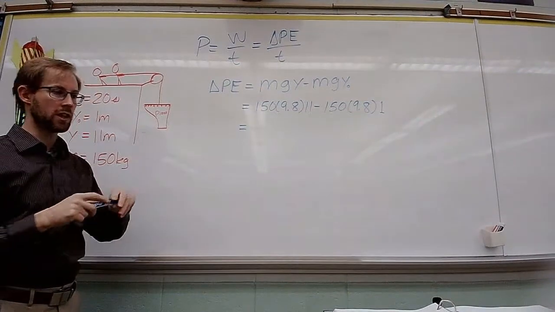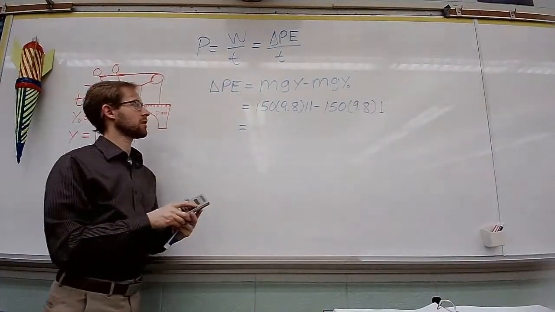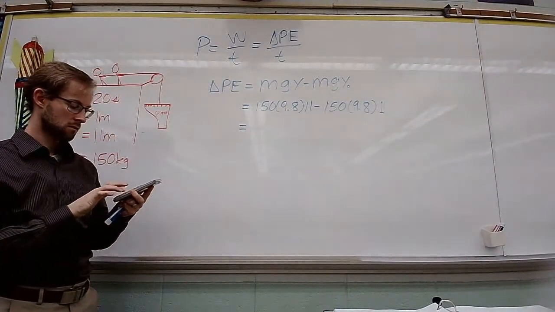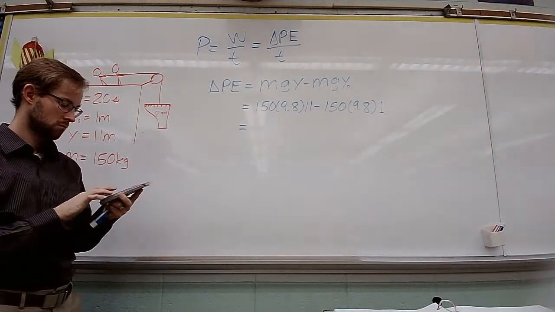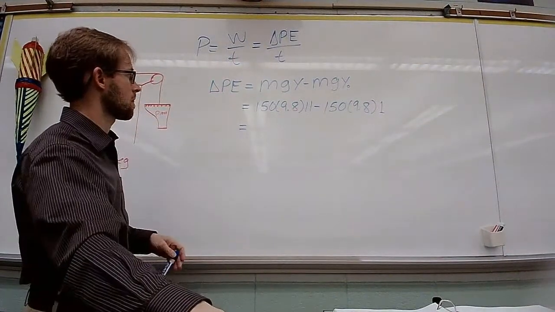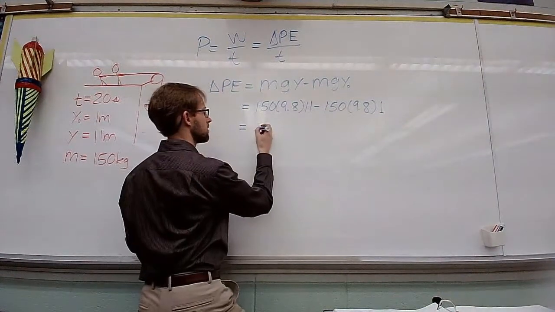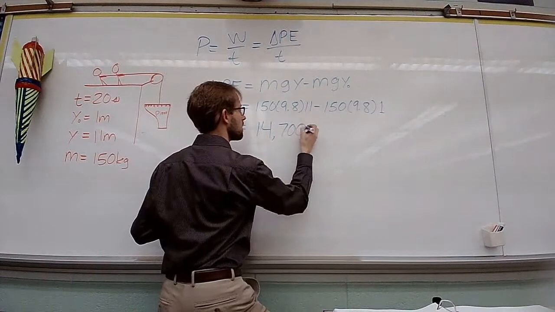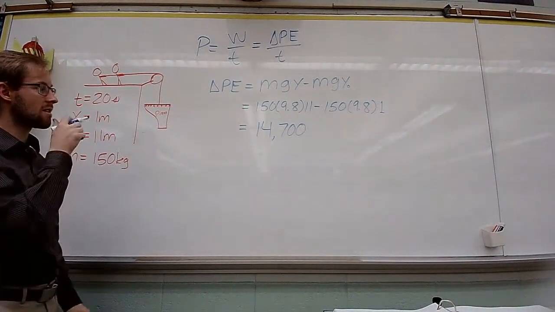So we're just plugging numbers in there for our potential energy. If you run that calculation, you'd get 14,700.